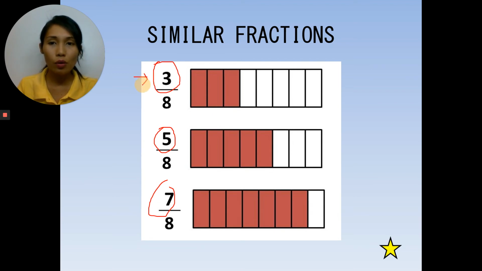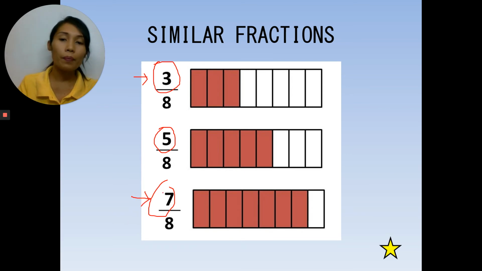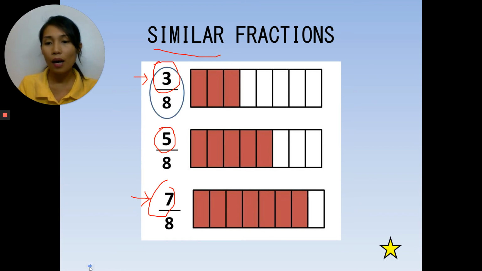The smallest numerator is the smallest fraction, if it's a similar fraction. And the greatest numerator is the greatest fraction. This is only for similar fractions.